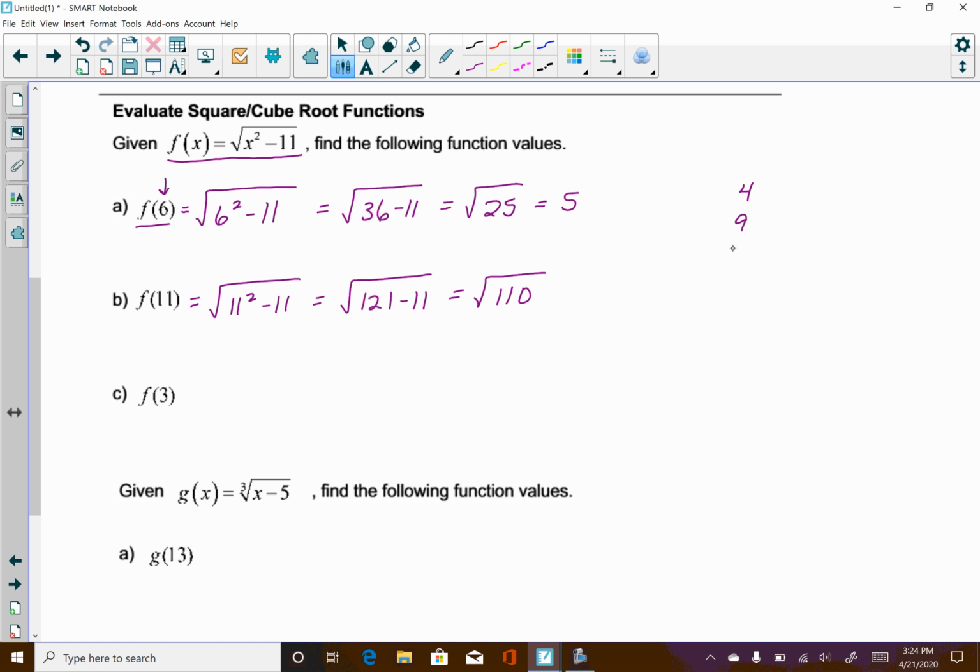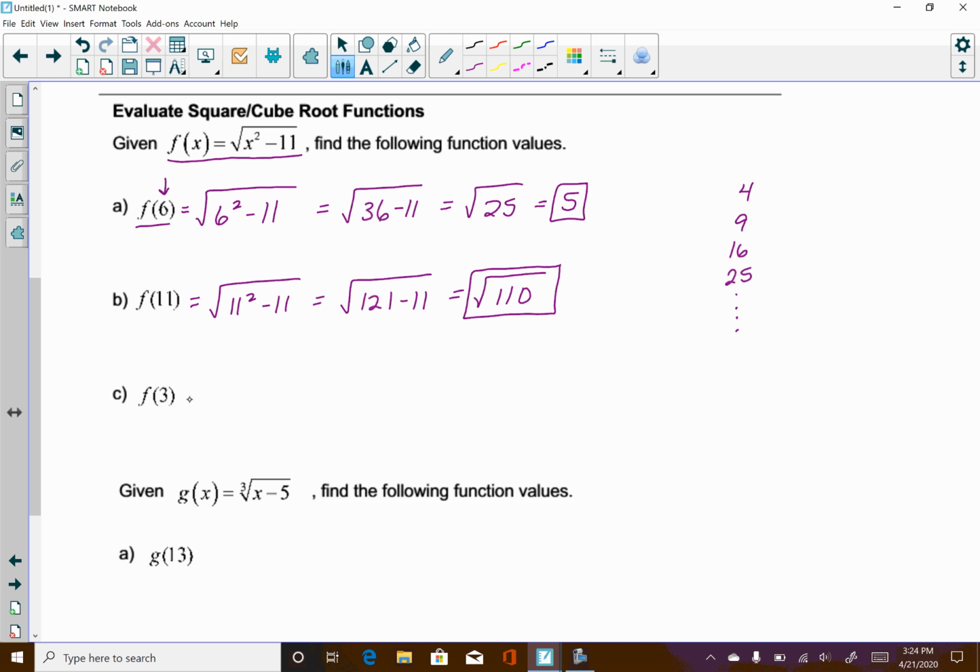It was 4, 9, 16. Let's see, that's 4 squared. 5 squared is 25, and so on. You would start to divide 110 by numbers in that list. Unfortunately, none of those numbers will go into this number. So therefore, the square root of 110 is your final answer.